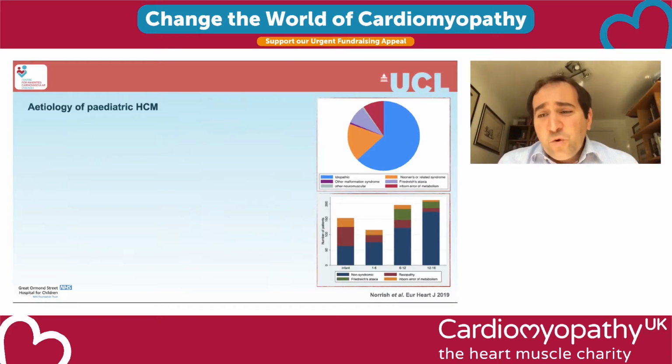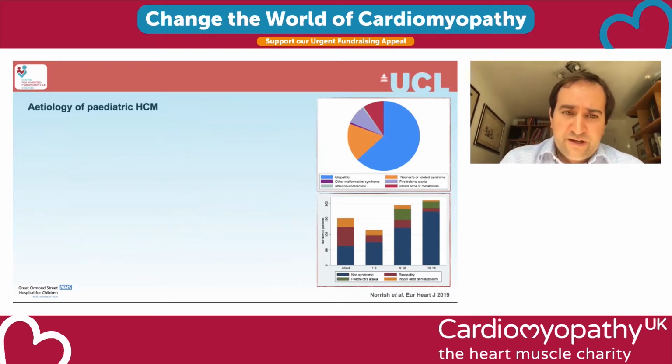But there are important conditions that can affect not just the heart, but other parts of the body that can also be associated with hypertrophic cardiomyopathy. And we call these malformation syndromes or metabolic diseases. And these are particularly common when we make a diagnosis of hypertrophic cardiomyopathy in very young children, so usually in the first year of life or so.